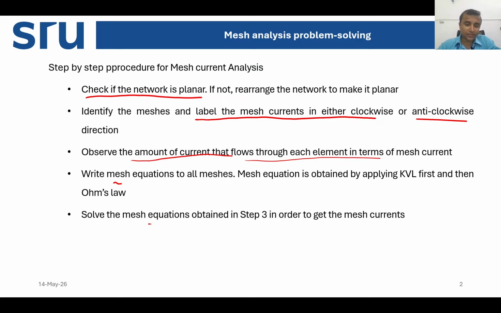Then solve the mesh equations obtained in step 3, and then we can get the mesh currents and calculate the other parameters. This is pretty easy, pretty straightforward. So without much introduction, we'll go to the next slide.